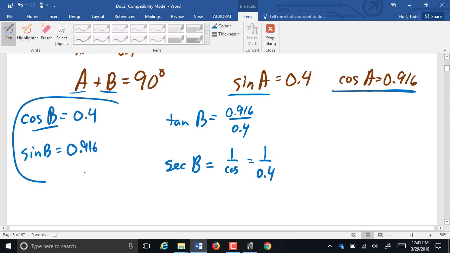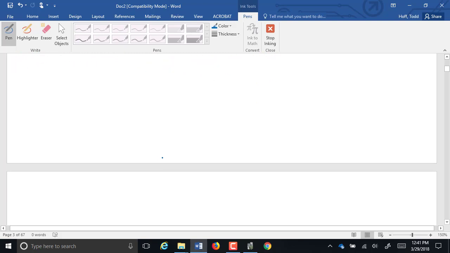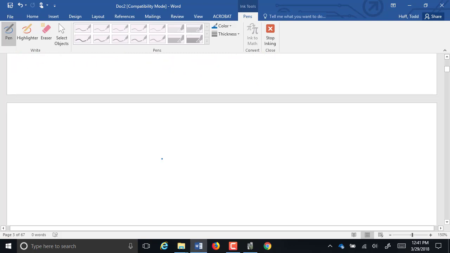But I have to make sure I find the sine and cosine of B first, then find the tangent, secant, and all those others. That should be a big hint for you guys, by the way. Just saying. That last little section may be important for you guys.